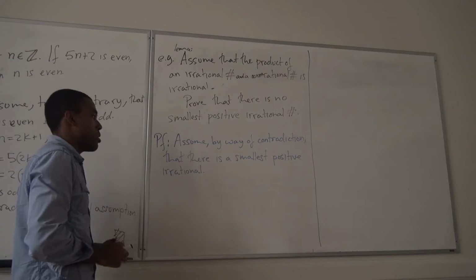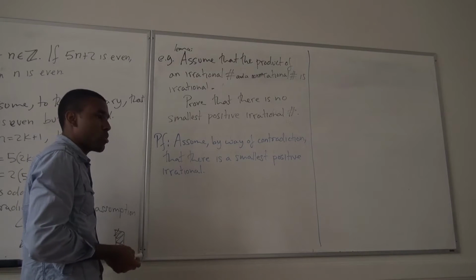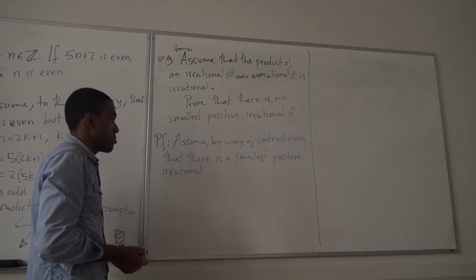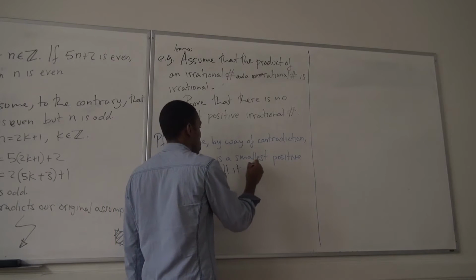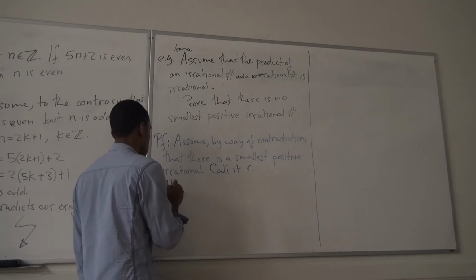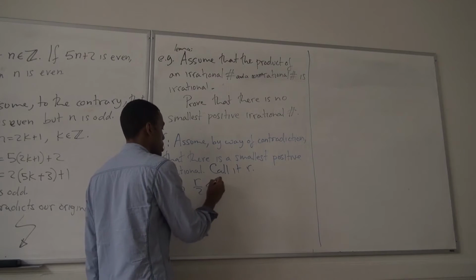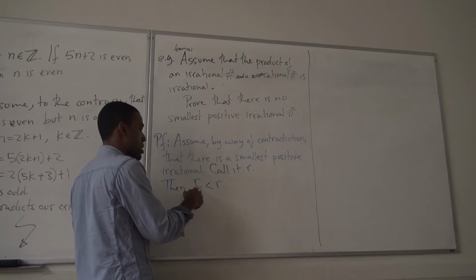Okay, so what do we say? How do you find a smaller one? We can divide it by... Yeah. Right. So call it R. Then R over 2 is actually less than R because it's positive, right? And so I just take R and I multiply it by a half.